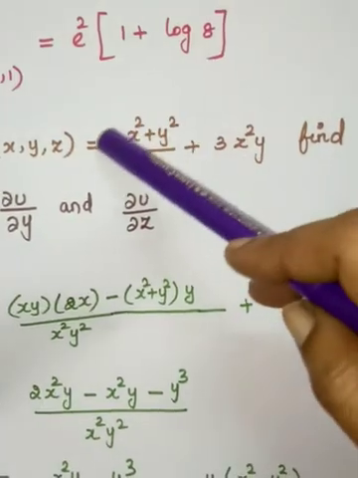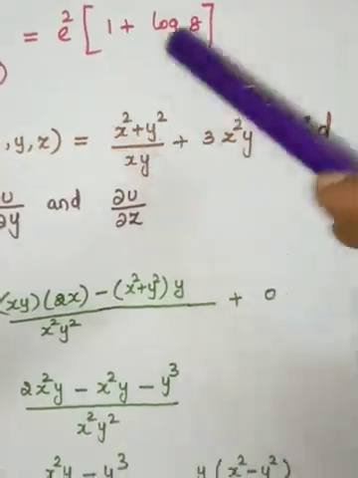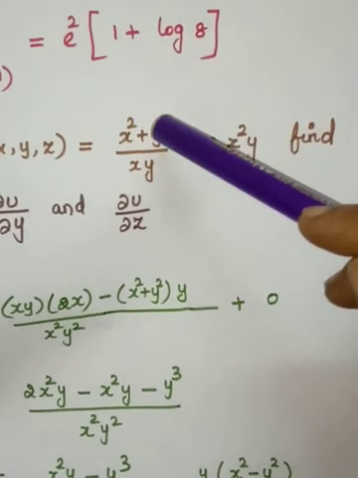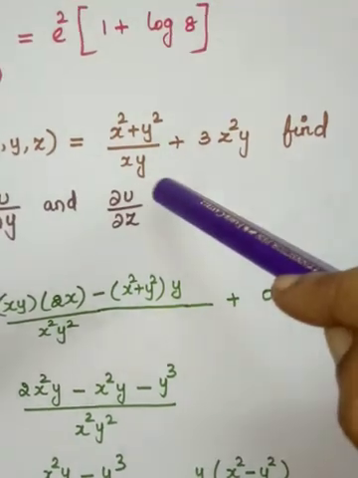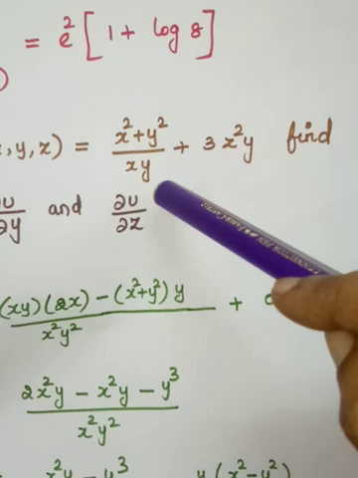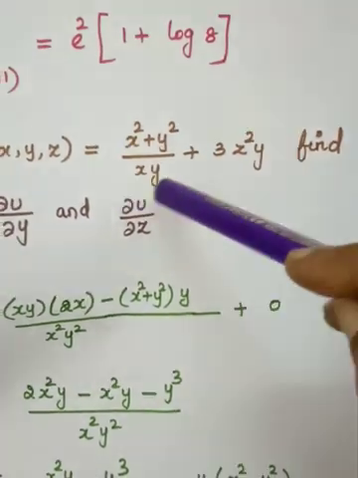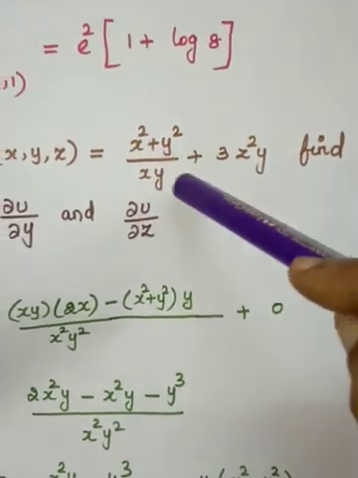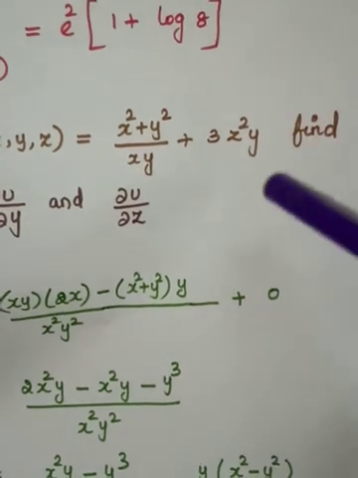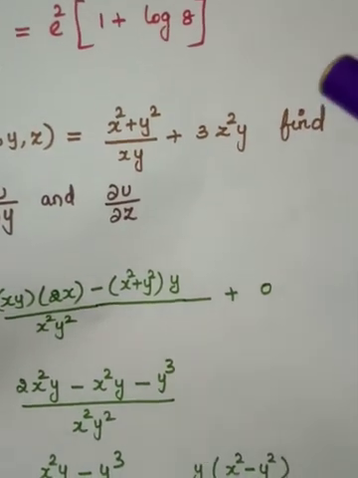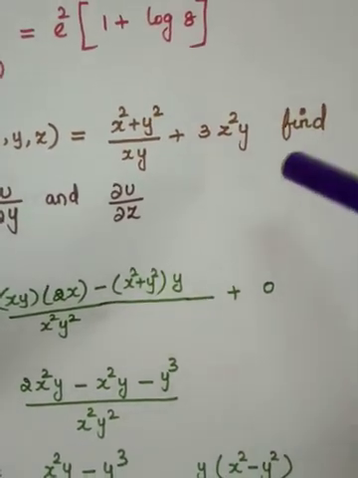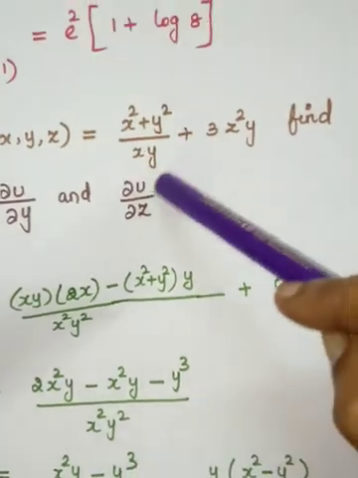Look at the first term. There is no z, only x and y. The numerator also has x and y, and the denominator also involves x and y. So the whole term is a constant, whose differentiation is 0. While you are differentiating u partially with respect to z, the first term is 0.